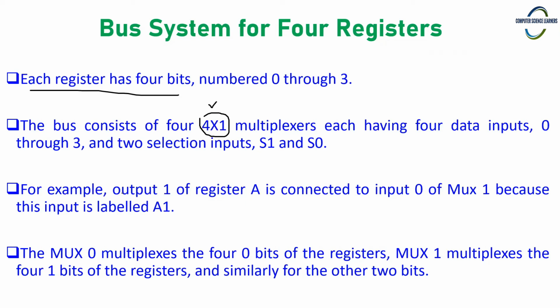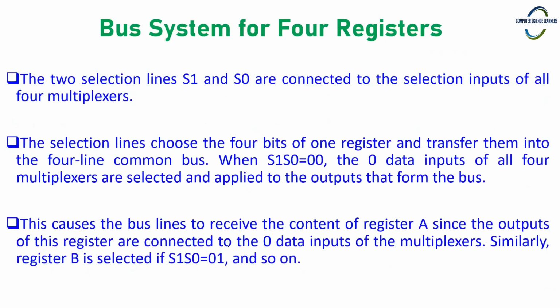And then on the basis of the select lines, a particular line of each multiplexer will be enabled, and the data of a particular register will get on the output. So this is what is written.